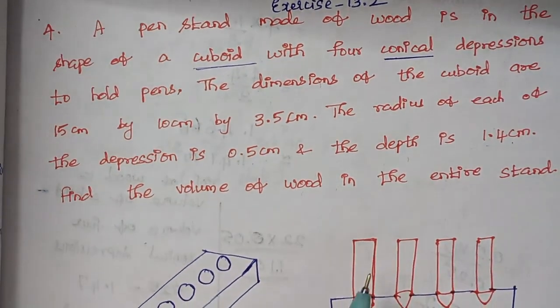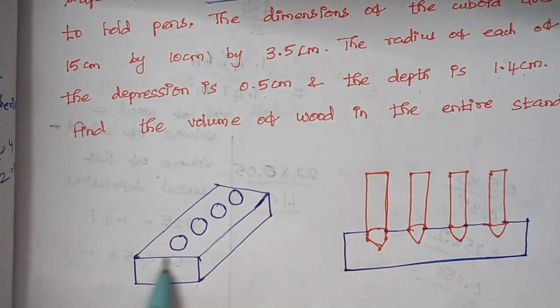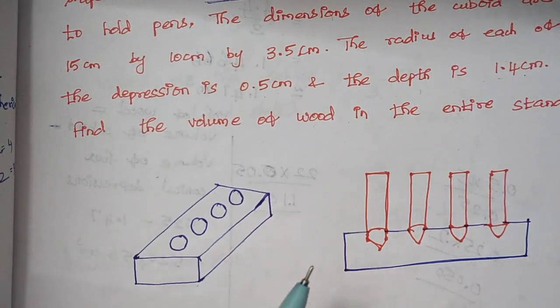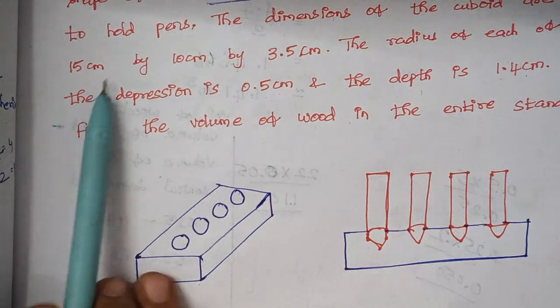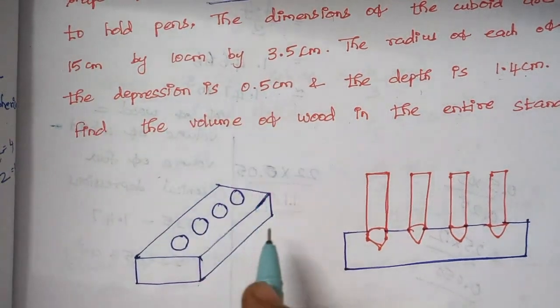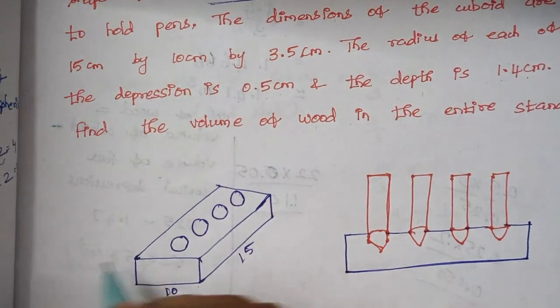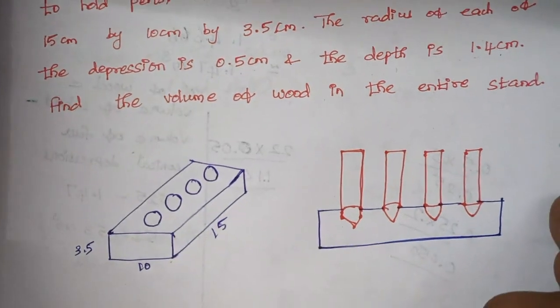Here you see the diagram which is given. This is a cuboid, this is your pen stand in the form of a cuboid, and the dimensions are given: this is your 15, this is your 10, and this height is your 3.5.